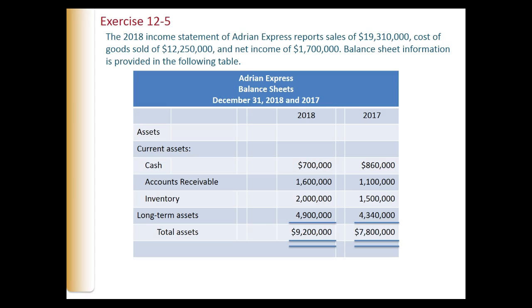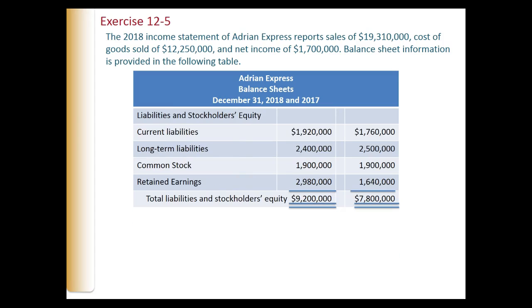Let's now look at example 12.5. The 2018 income statement of Adrian Express reports sales of $19,310,000, cost of goods sold of $12,250,000, and net income of $1,700,000. The balance sheet information is shown on this slide and the next slide.